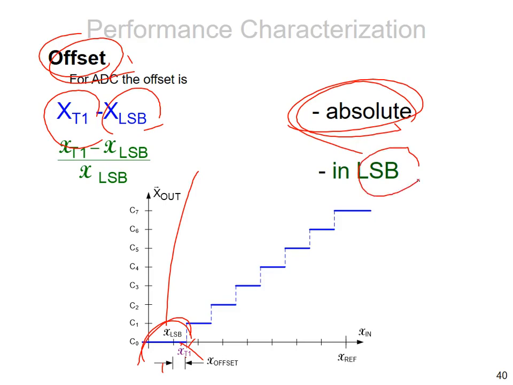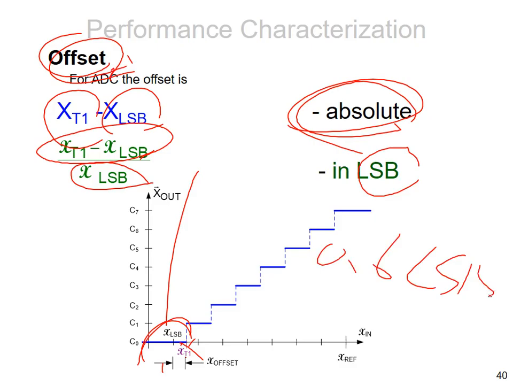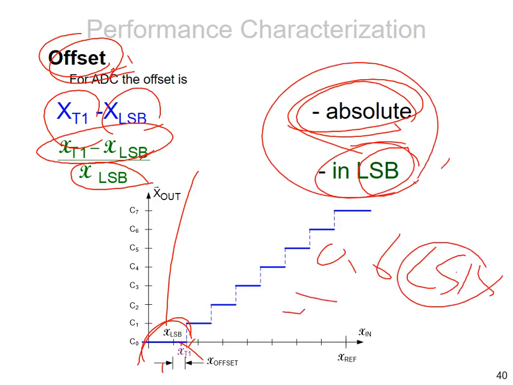So we divide the absolute value by 1 LSB, ideal 1 LSB. Okay? So usually we apply, what is again the offset error? It is 0.6 LSB. Okay? In LSB, that is the idea. So the major difference from absolute to in LSB is divided by this or not. That's it.